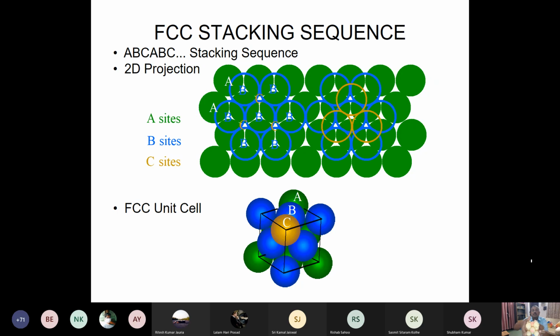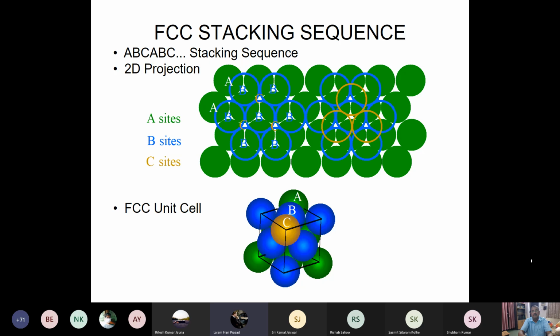I turn it around. What happens? FCC. Now if I do this, A layer, B layer, above A again, what is this?